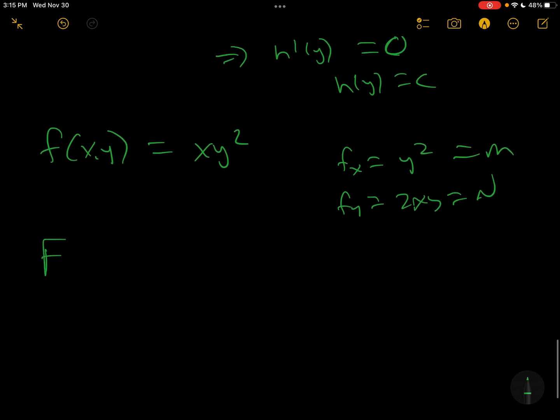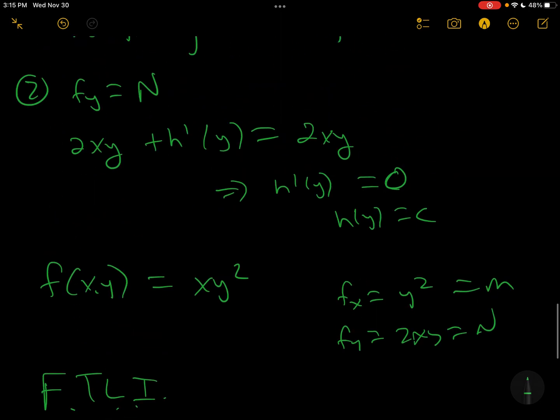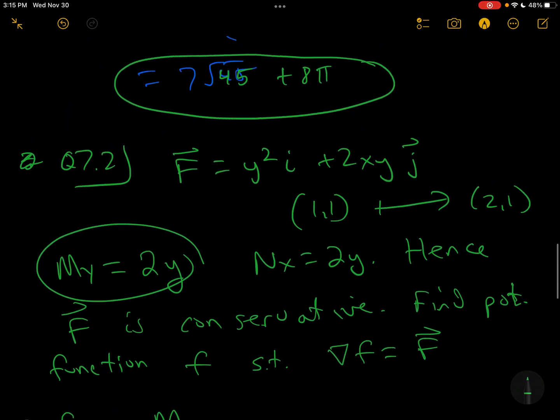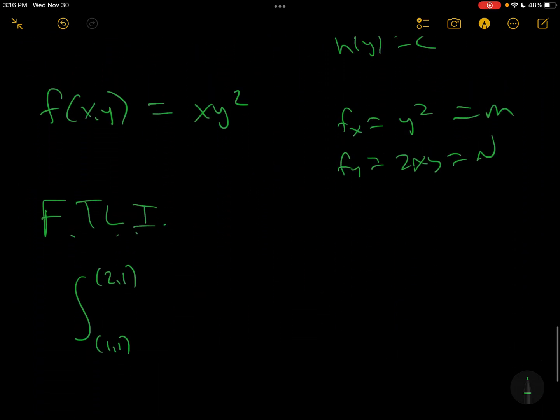And by the fundamental theorem of line integrals, the integral along the curve from (1, 1) to (2, 1) of f dot dr is f of (2, 1) minus f of (1, 1).